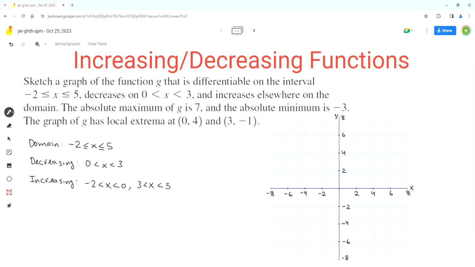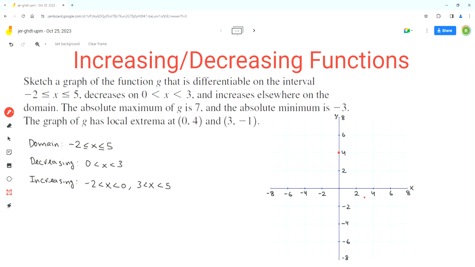Now we are also given the local extrema, which are at (0, 4) and (3, -1). So next we can plot these two points because these two points lie on the function. The first one is (0, 4), which is the y-intercept, and the next one is (3, -1), which will be here.